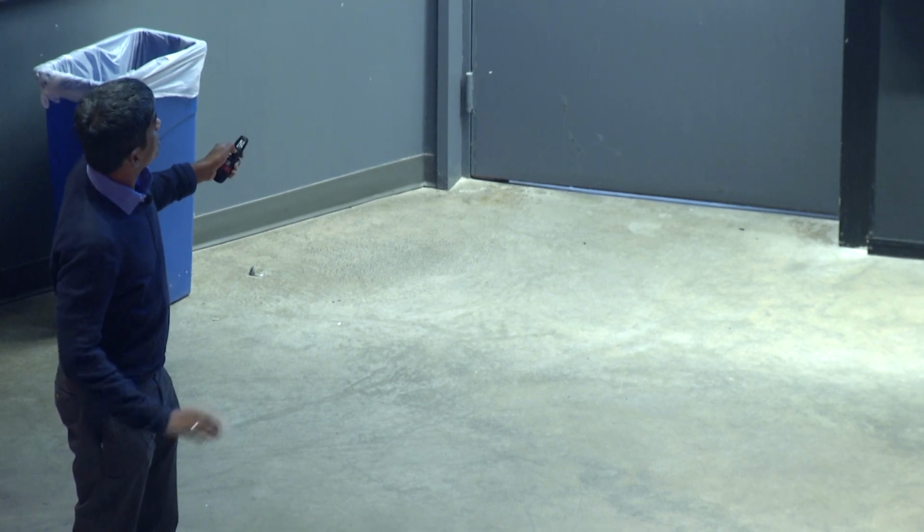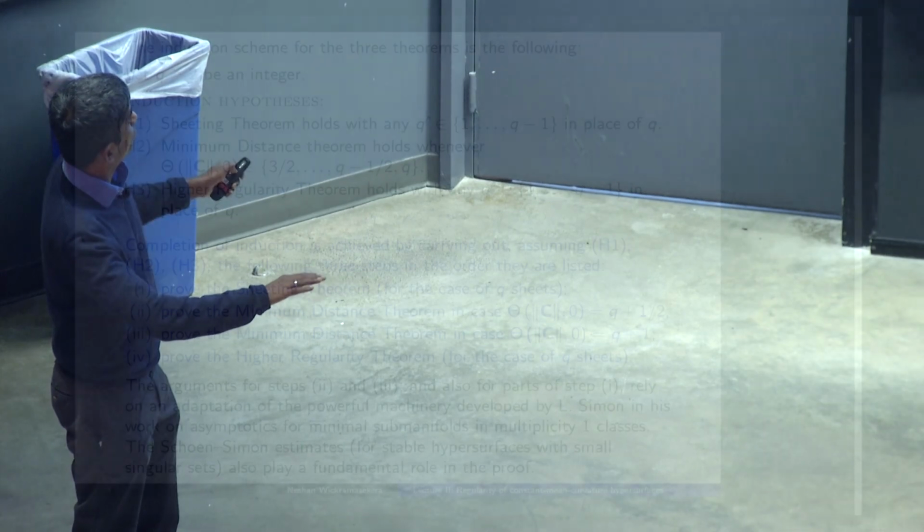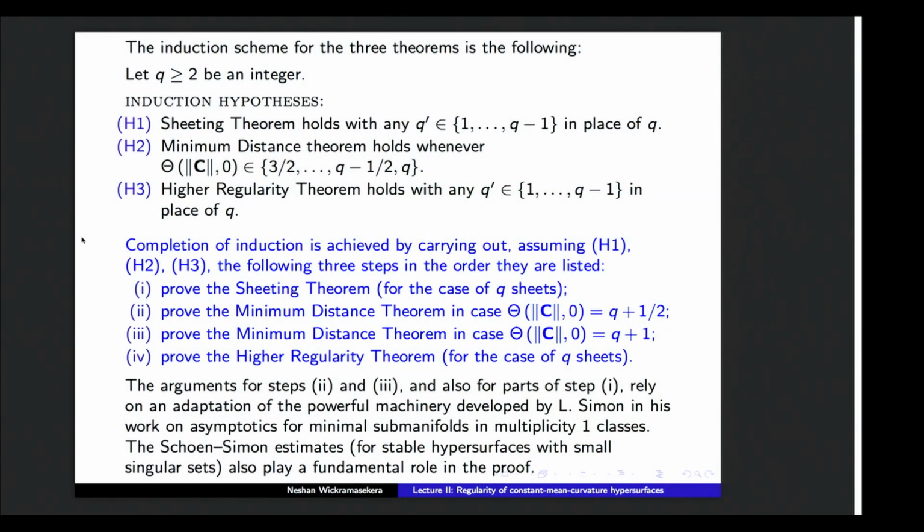The sheathing theorem's induction parameter is the number of sheets, Q. For the minimum distance theorem, the induction parameter is the density of the cone, which is either an integer or an integer plus a half. And for the high regularity theorem, again, the induction parameter is the number of sheets.